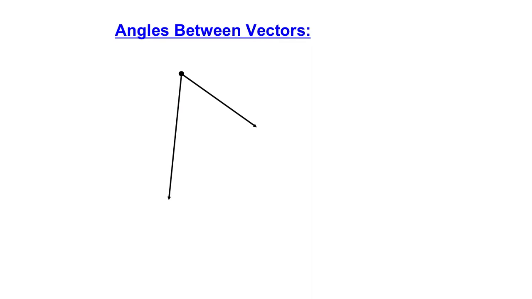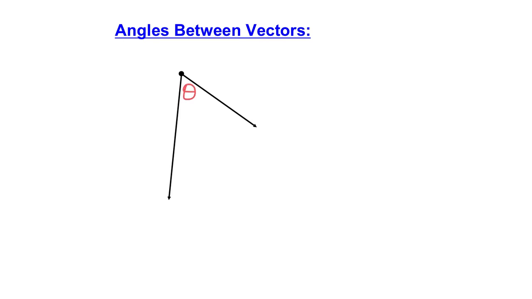Now, sometimes in a question, you might be told that the angle between two vectors is 30 degrees, for example. Well, you have to be careful because you have to make sure that your vectors are connected at the tails, so tail to tail, and then the angle between them would be there.